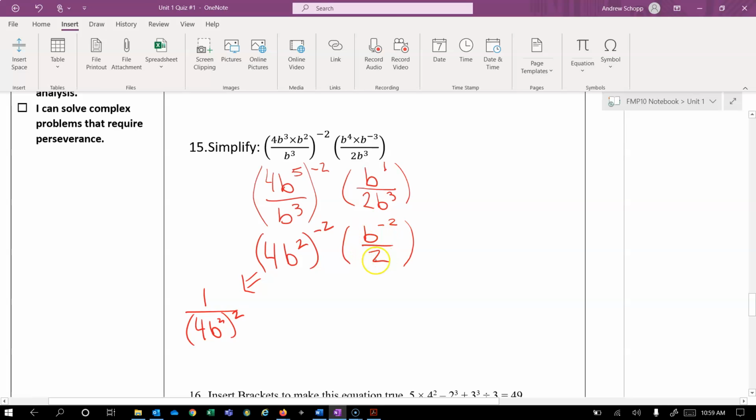The way you would make this one positive would be by moving the b down into the bottom. So we would end up with 1 over, we have the 2 in the bottom, and it's not included in this negative 2. There's no brackets around, just b over 2. So the negative 2 exponent here is only attached to the b. So if we move it to the bottom, we get b squared.